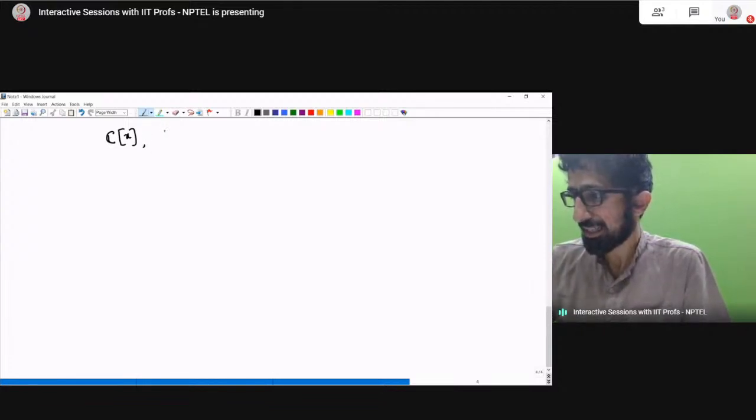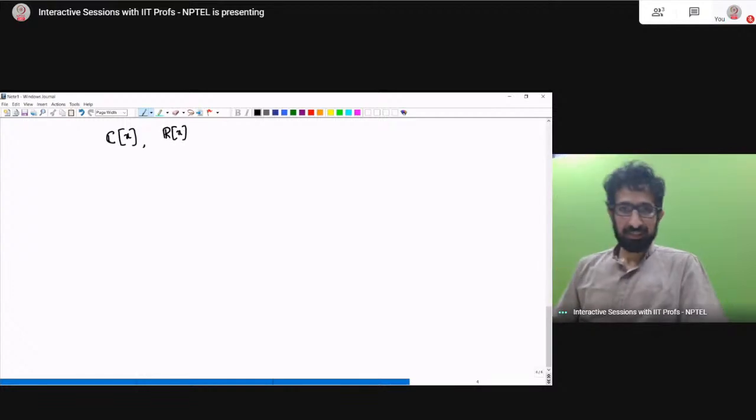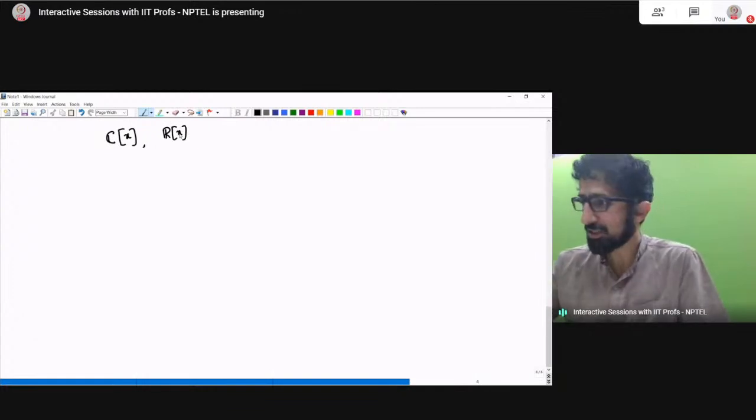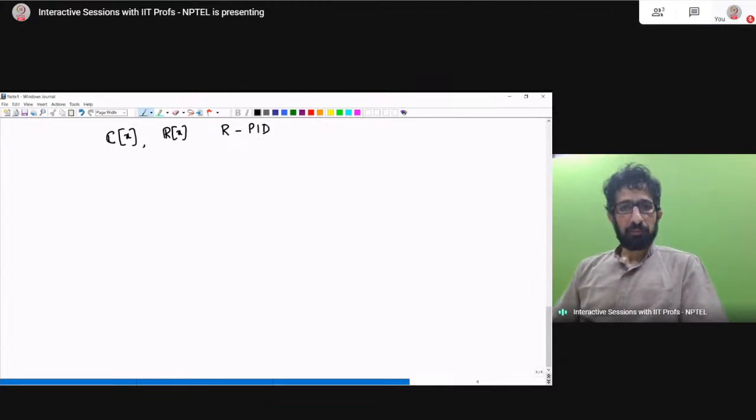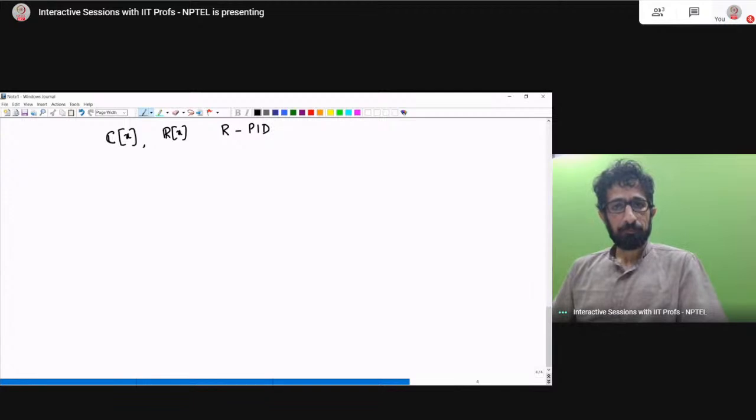Now, in the case of R[x], I guess you can guess the result. Or more generally, if you take a PID and apply the Zariski topology on Spec R, any closed set is a finite set.